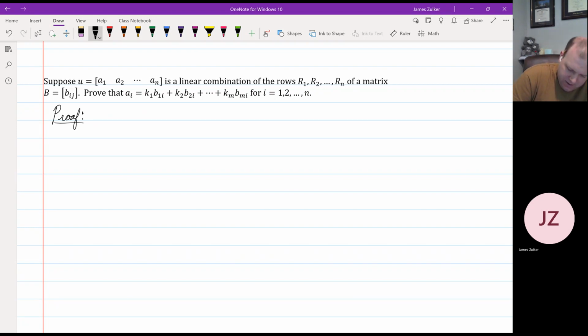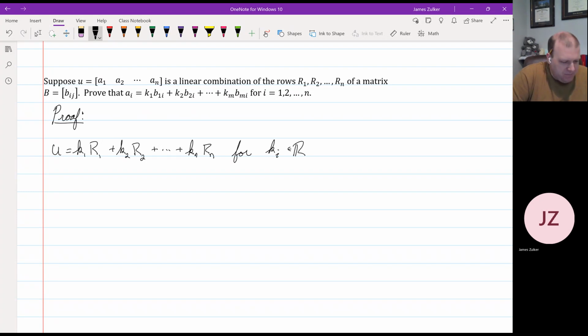So we know that U is going to equal k1 R1 plus k2 R2 plus so on and so forth, plus km Rm, for each k being a real number.